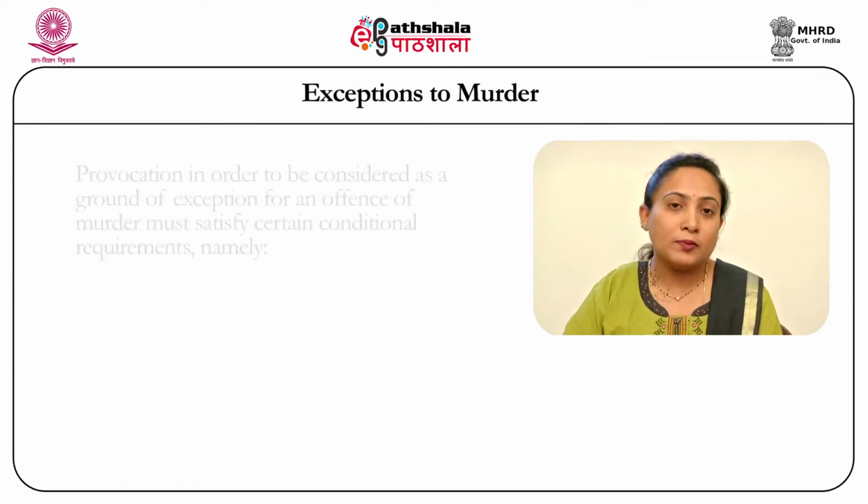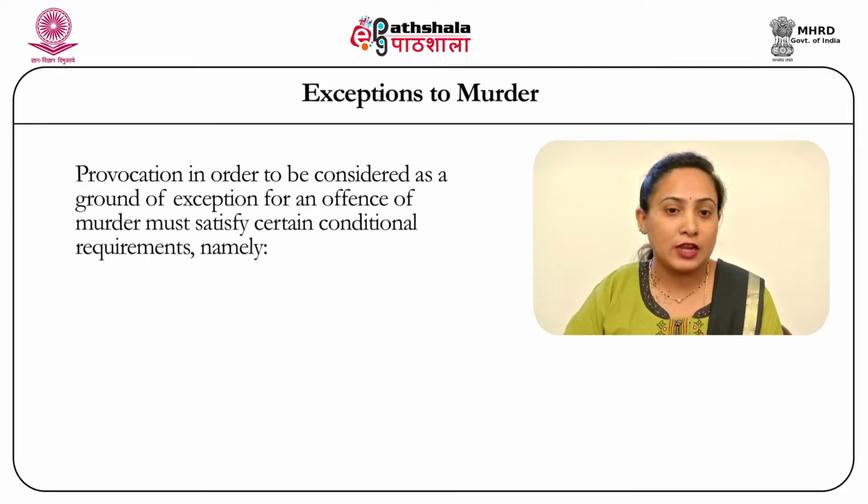Now, the provocation, in order to be considered as a ground of exception for the offence of murder, must fulfill certain conditions, as was also reiterated by the first ground of exception to the IPC as well as by various judicial decisions under both English as well as Indian law. Now, these conditions are: firstly, the provocation must be sudden in nature and also grave in nature.